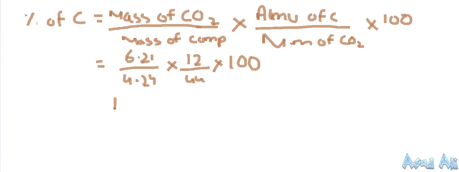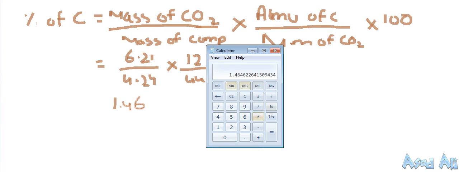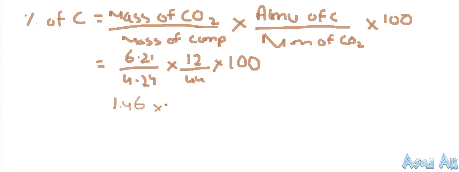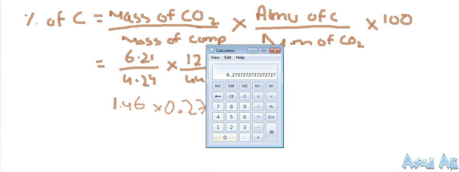The answer is 1.46. Now 12 divided by 44, the answer is 0.27. Now multiply 0.27 with 1.46 and then multiply it by 100.